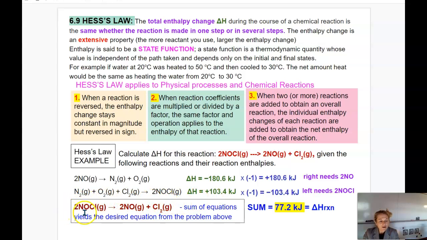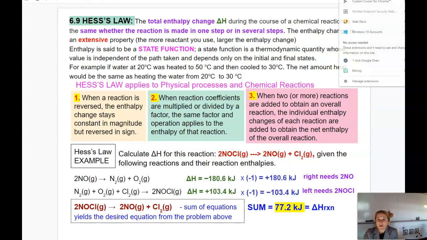But when we look at this final step, we need to make sure that our first and second steps connect to our complete overall reaction. And so when we look here, we see that in our first step, nitrous oxide is a reactant, when in our overall reaction, it is a product.